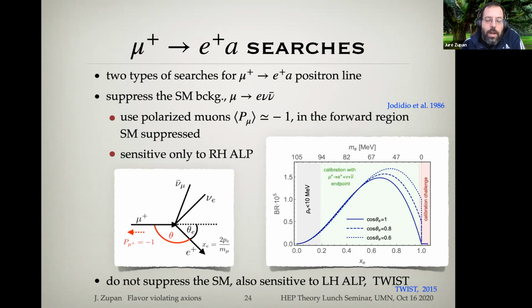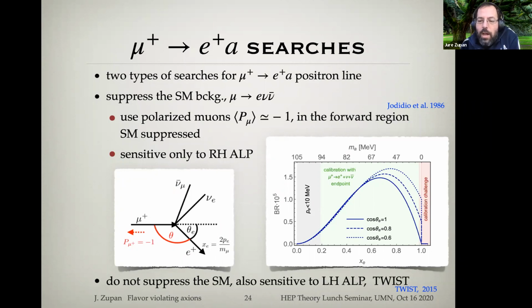And if you look at the positron in the forward region, so this would be in this dashed line, theta_e is the opening angle for the positron. The plot to the right has different choices for values of theta_e.